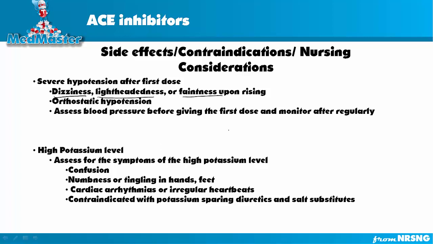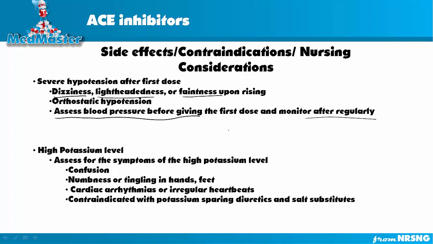So you have to instruct the patient after the first dose, do not get up suddenly, because it can decrease their blood pressure significantly and they can feel dizzy and can fall. As a nurse, you want to assess the blood pressure before giving the first dose, and then periodically after, to make sure their blood pressure is not falling significantly.